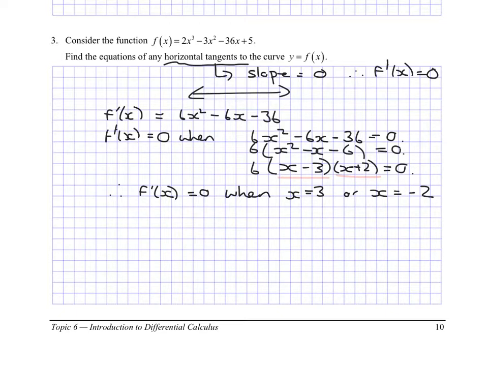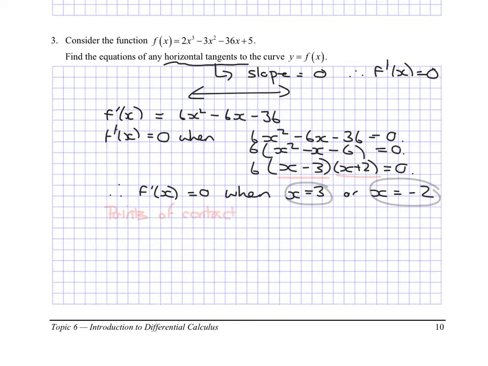Okay, so then we've got the slope. Well, we don't have the slope, we have the general equation of the derivative. We've now got these 2 points, so let's get our points of contact. Remember, that's what we need.